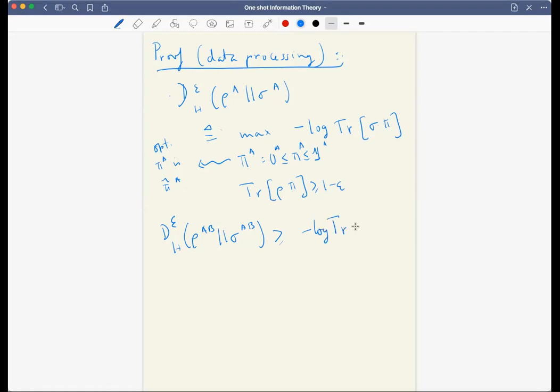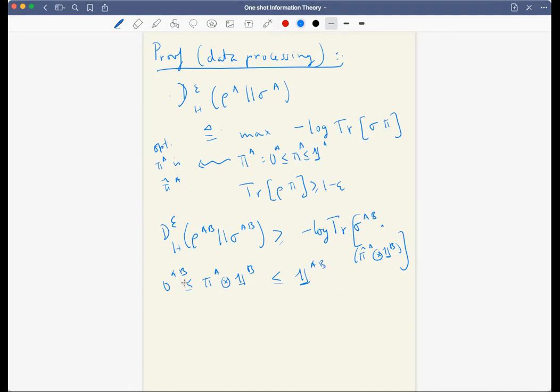All I'm saying is that we take pi hat A tensor identity on B. This is a POVM element in the system AB. So this is between the zero operator on AB and the identity operator on AB, as you can easily see.